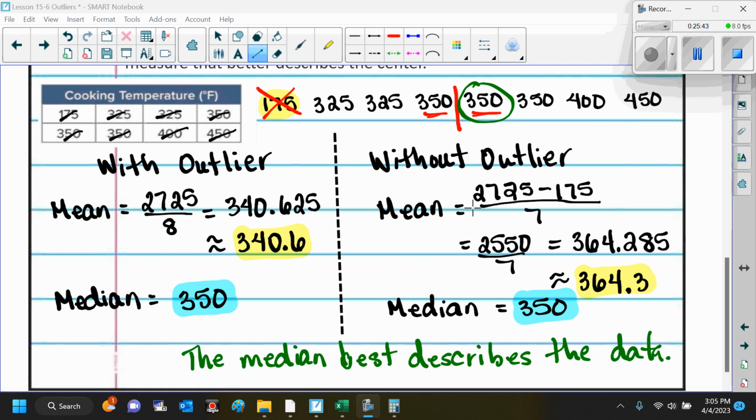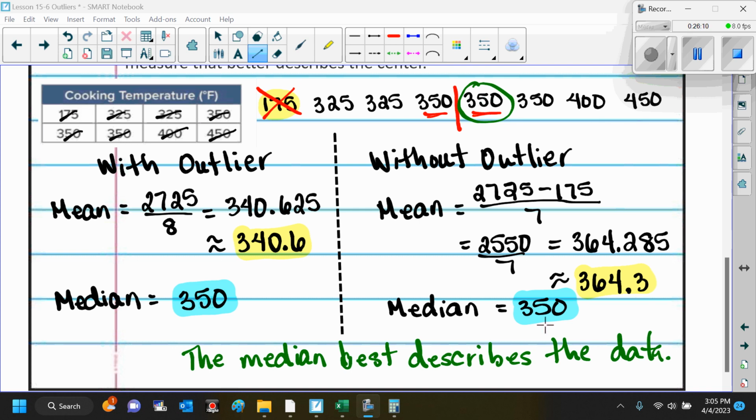So here we took that total that we originally got and we subtracted the 175 out. So that's going to give us 2,550 divided by 7, and that gives us, rounded to the nearest tenth, 364.3.